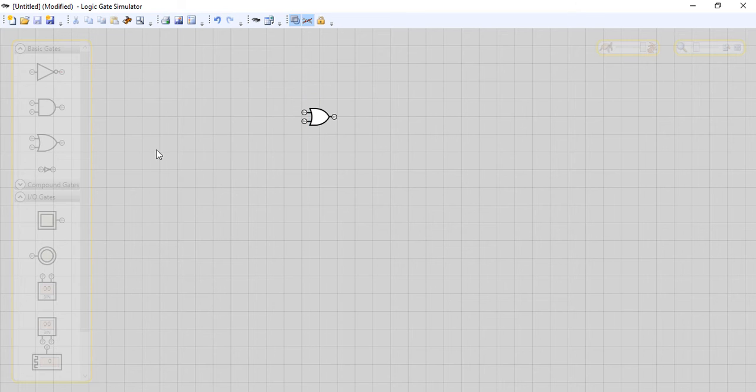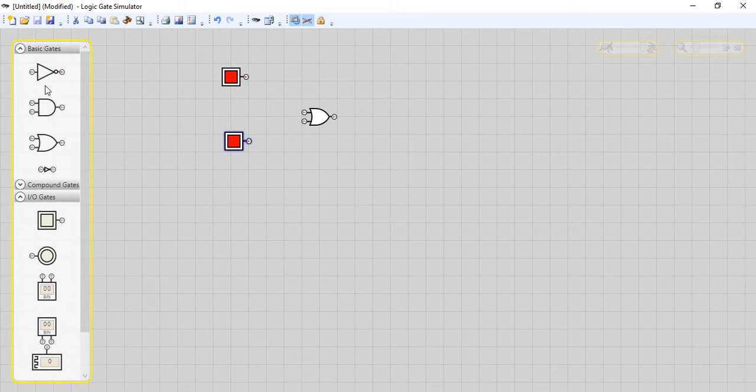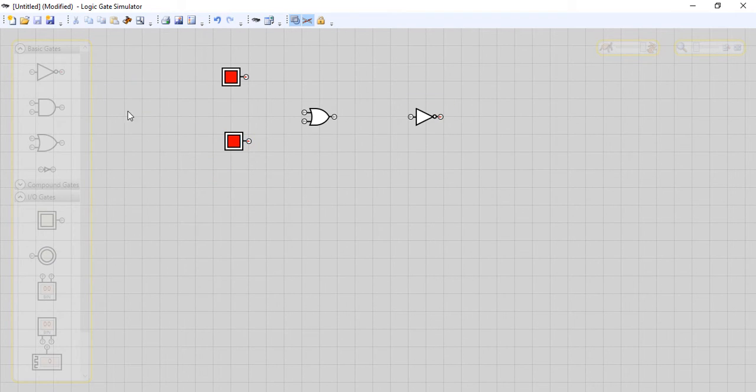This is my OR gate, and I need 2 inputs for it, input A and input B. I also need a NOT gate, where I will connect the output of the OR gate, and this will be my final output. This will be my output Y, this will be my input A, and this will be my input B.